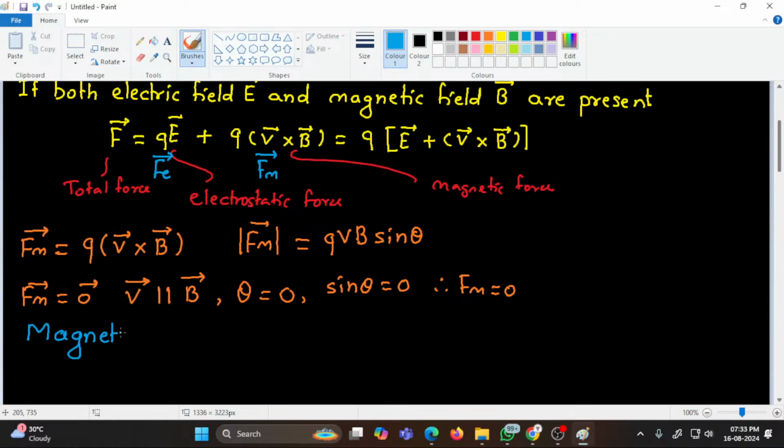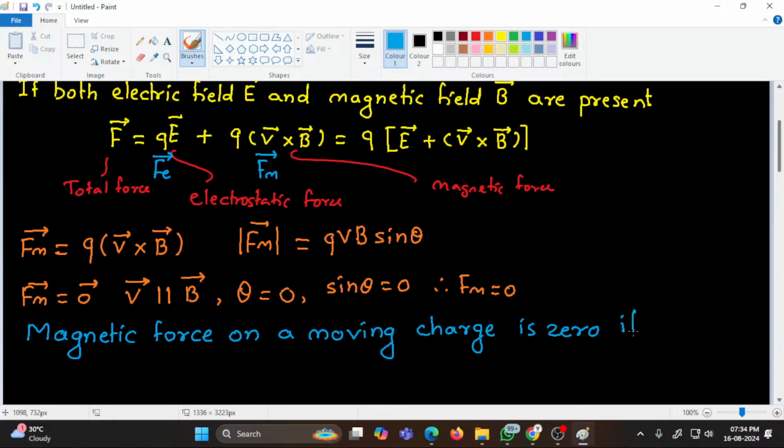Magnetic force on a moving charge is 0 if charge is moving in the direction of magnetic field.